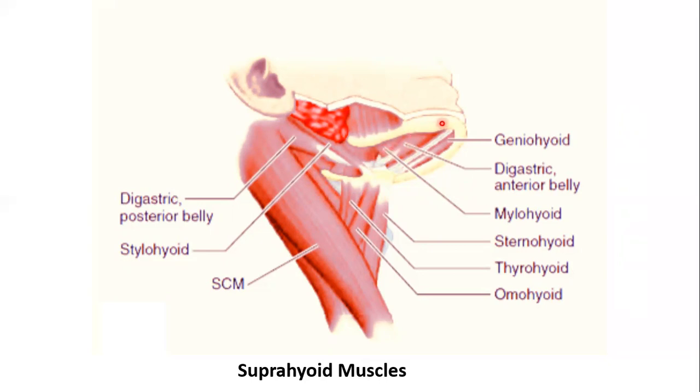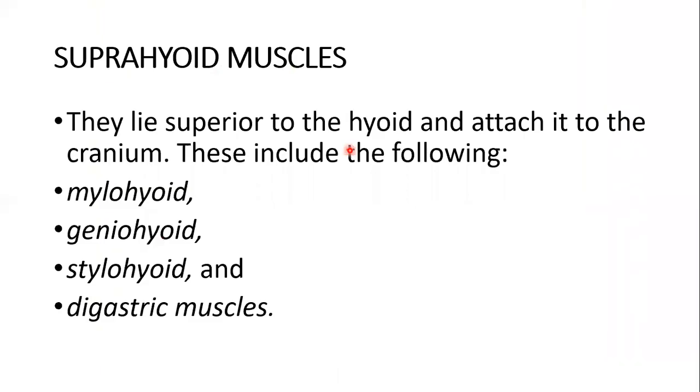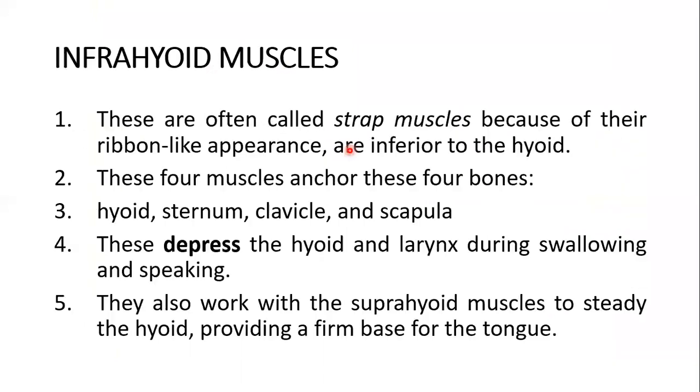So the anterior and posterior belly of the digastric depress the mandible against resistance, and elevate and steady the hyoid during swallowing and speaking. This is the function of the digastric, and so that is the point. Then we move on to the next section, which is the infrahyoid muscles.